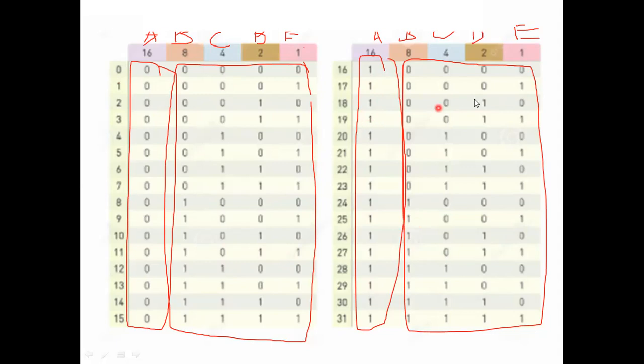For A equal to 1, we are having 16 number of cells. 16 combinations means each combination one cell.